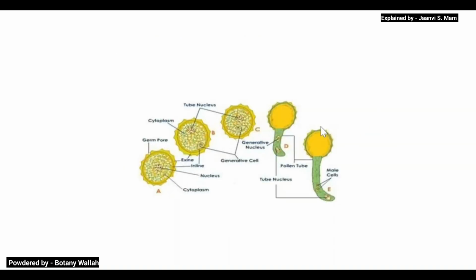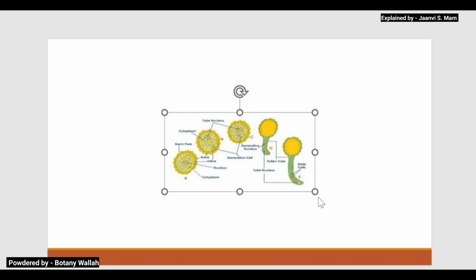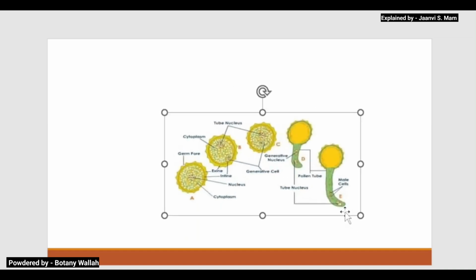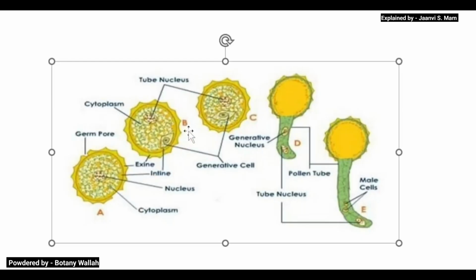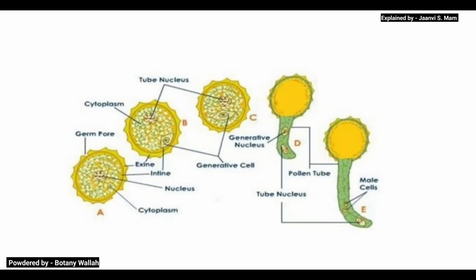Next, you can see the same diagram here also. I will zoom it. See, the same diagram you can see on A. You can see that there is germ pore. Then you can see cytoplasm, exine, intine, nucleus.